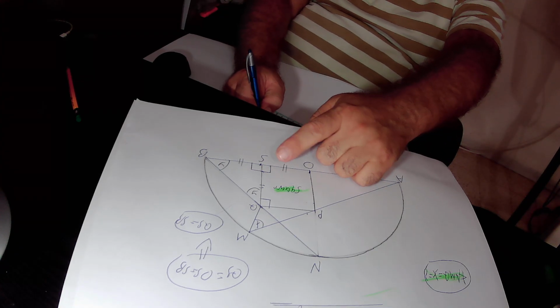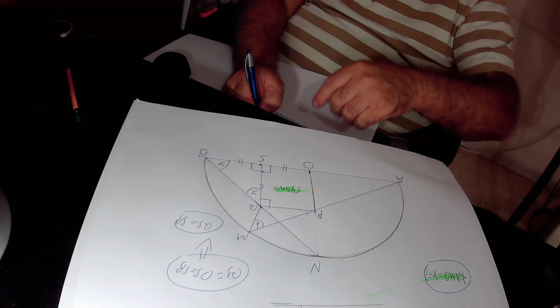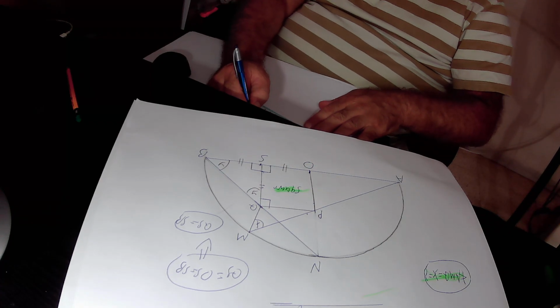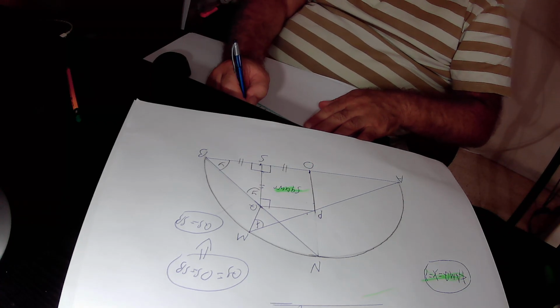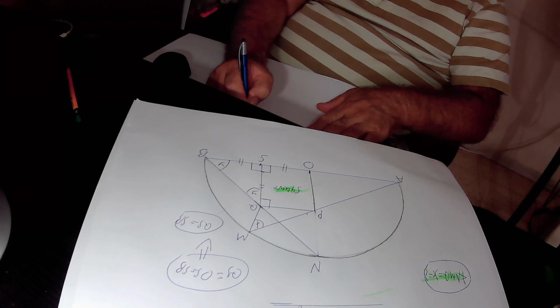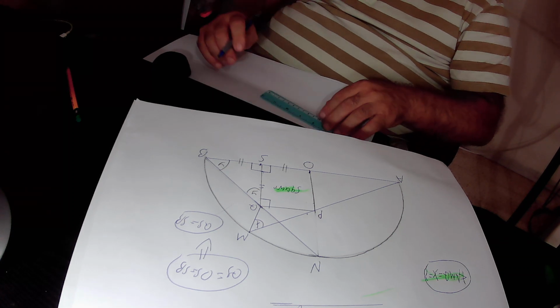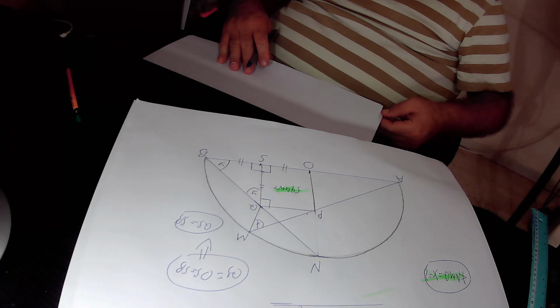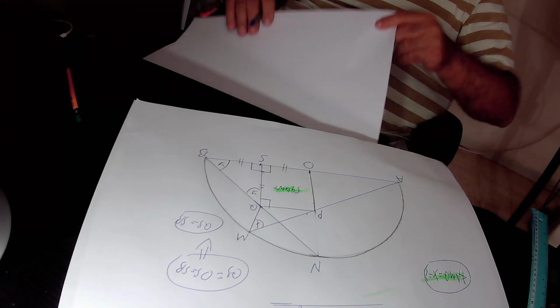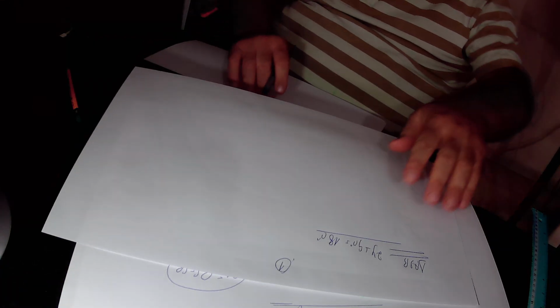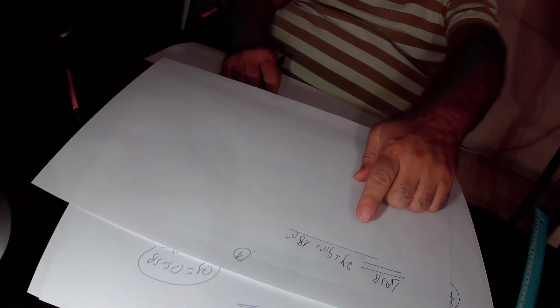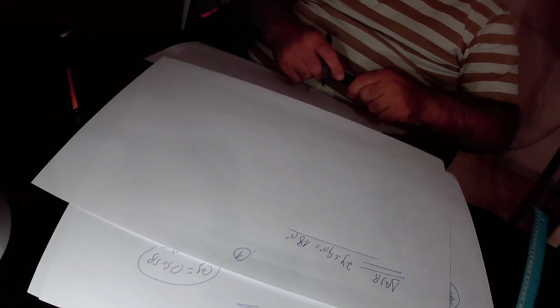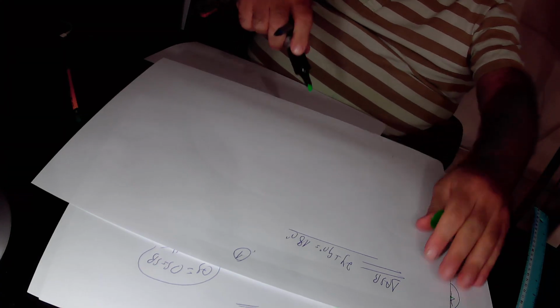In total, the sum of those three angles must be equal to 180 degrees, according to the rule that the sum of the angles in any triangle is equal to 180 degrees. So 2y plus 90 degrees equals 180 degrees.